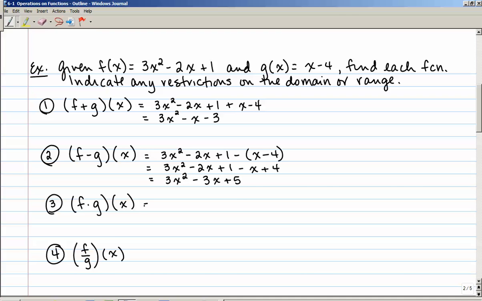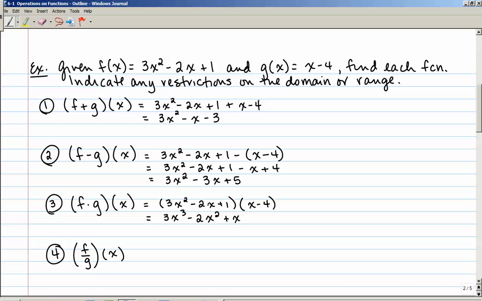To multiply the two, I'll do f of x times g of x. And let's just distribute. I'm going to kind of do it backwards. I'm going to do x times this whole trinomial, and then negative 4 times this whole trinomial. So that'll give me 3x cubed minus 2x squared plus x.